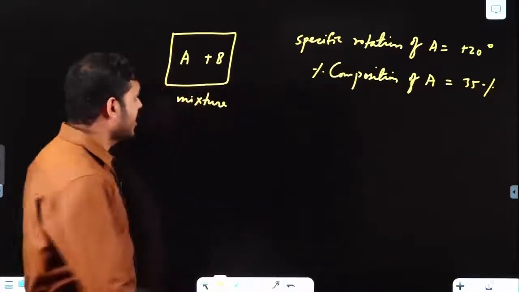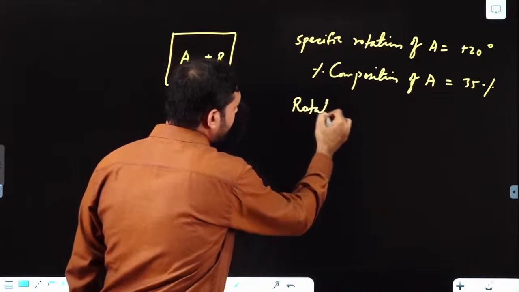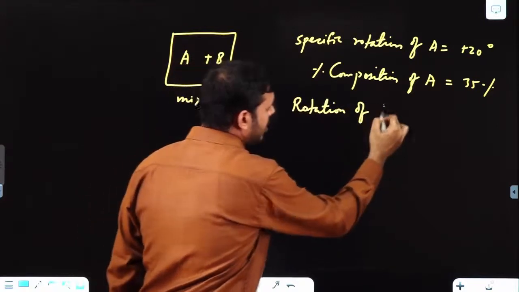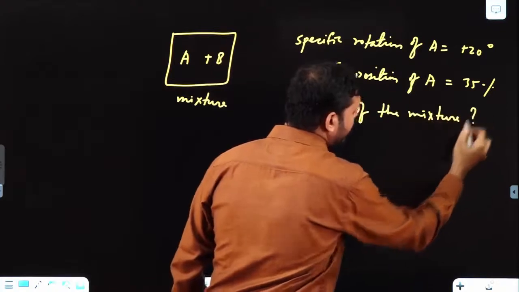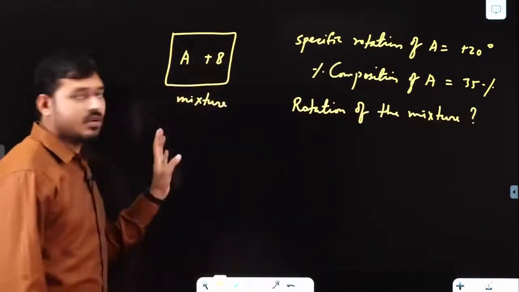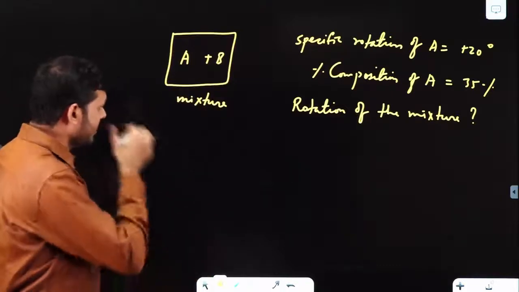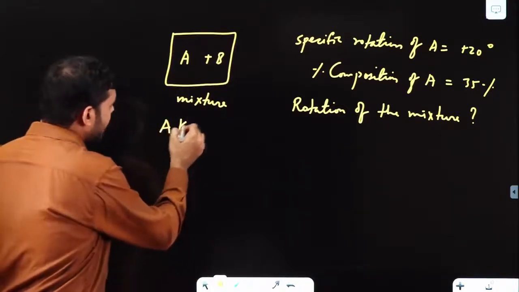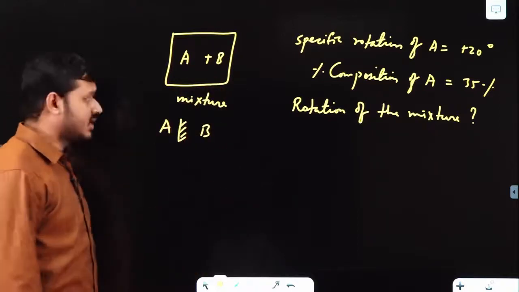Clear? Now you have been asked to find the rotation of the mixture. What will be the rotation? Also, A is the mirror image of B, so it has the same compound with a mirror image relationship.